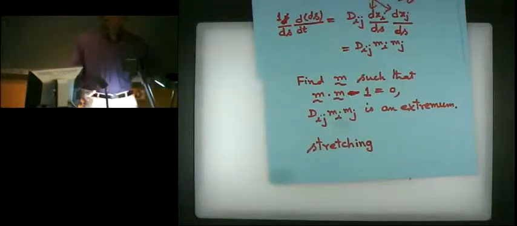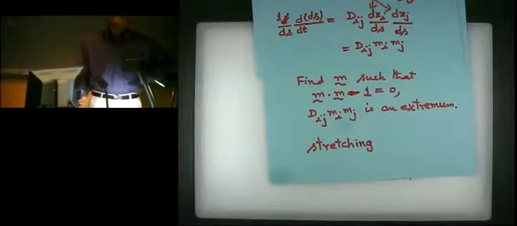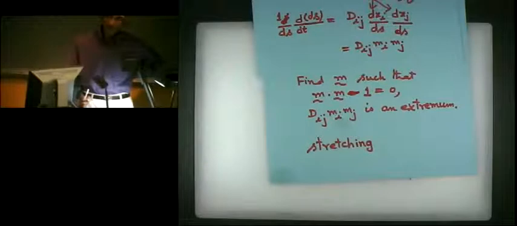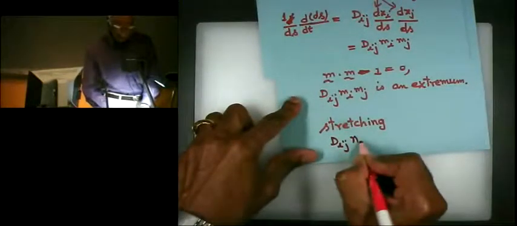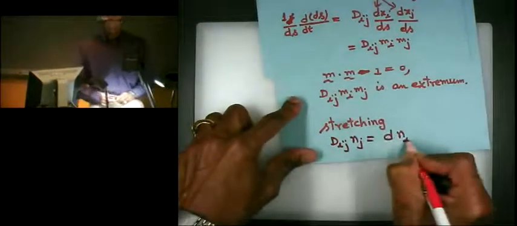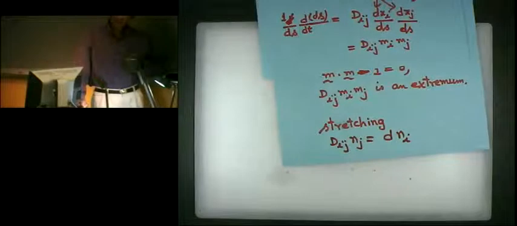So this will be the rate of change of length per unit length, which is maximum or minimum. That is the eigenvalue of D. So if we write D_ij N_j equal to D N_i, then D is an eigenvalue, and N is the corresponding eigenvector. How many eigenvalues will D have?